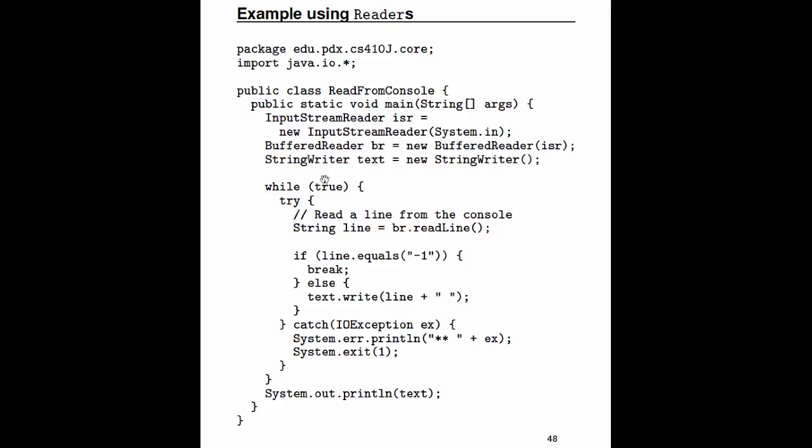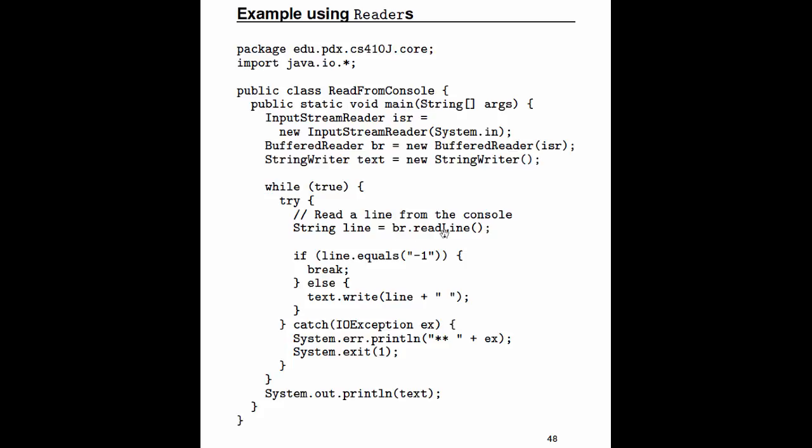Note also, for the sake of demonstration, we are using a string writer to build up the text that we're writing. So we're going to sit here and read from our buffered reader until you type -1.